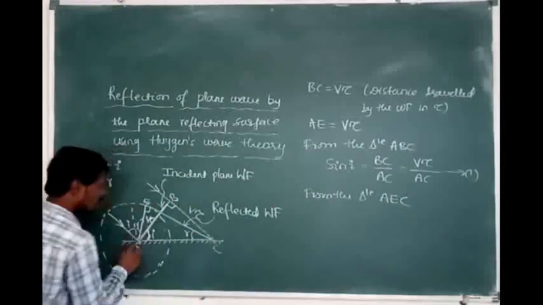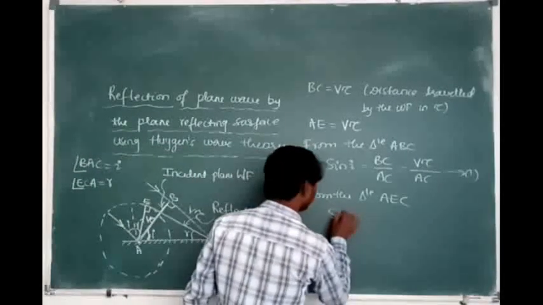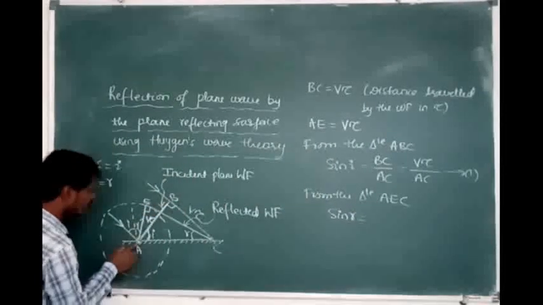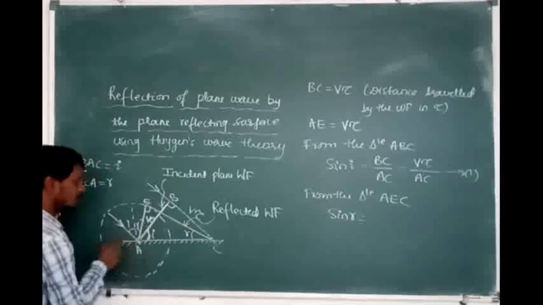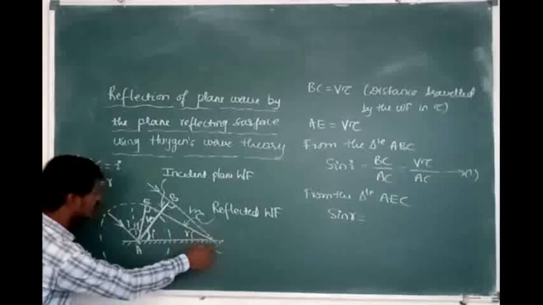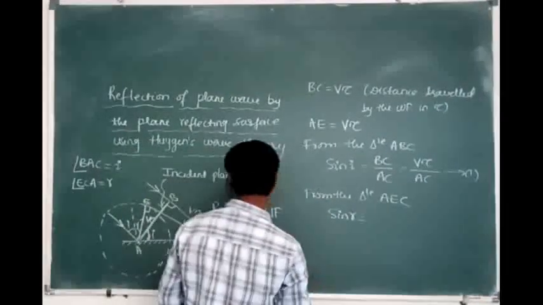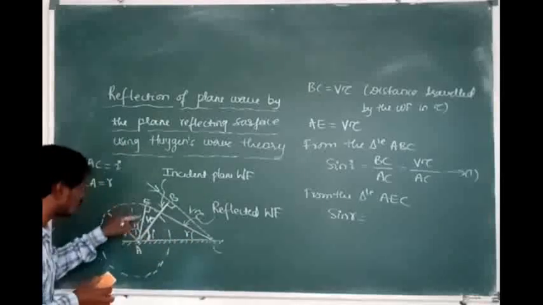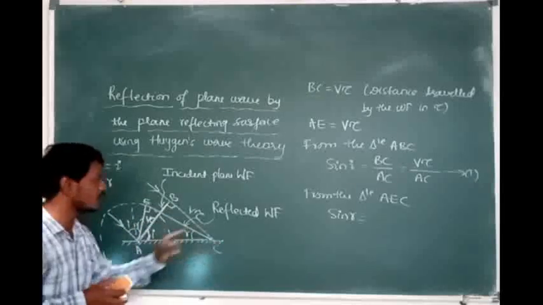So sin r is equal to, in the triangle AEC, for the angle of reflection r, the opposite side is AE, the adjacent side is EC, and the hypotenuse is AC.